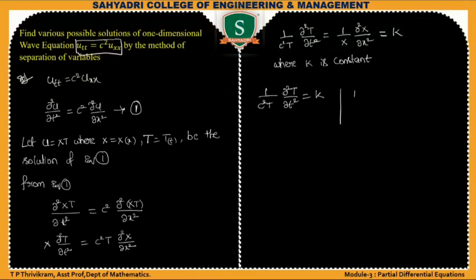Similarly 1 by X del square X by del x square equal to k.